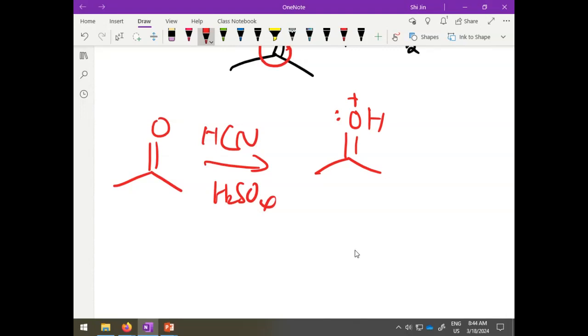But the problem is, can hydrogen cyanide serve as a neutral nucleophile to attack this carbonyl? Yes or no?